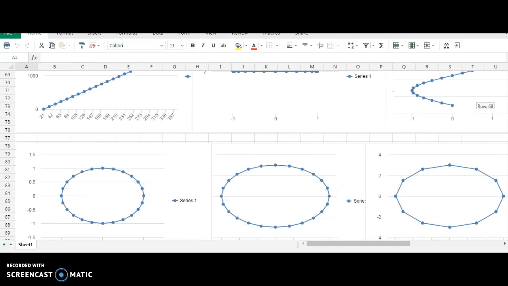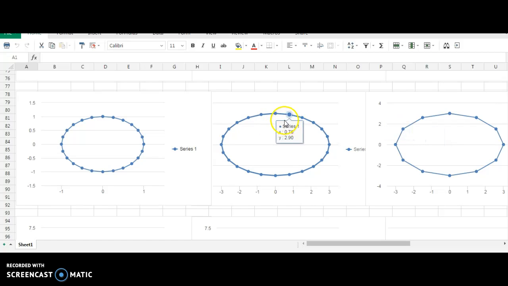Okay, so for this one here, every 2 seconds, basically it will go up. This entire circle will finish at twice the speed.